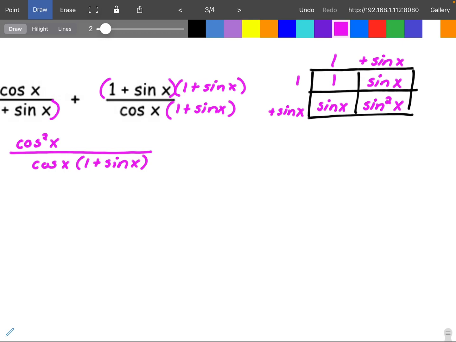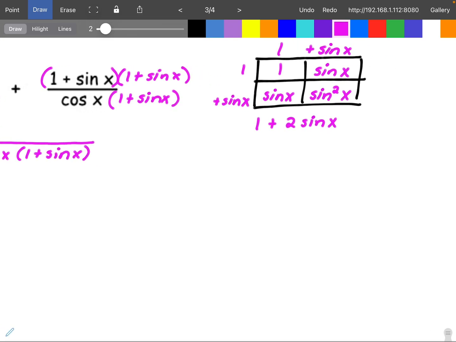When I go to combine this, those sine x's don't cancel, they combine together. So I have 1, then I have plus 2 sine x's. So just like if these were both just plain old x's, we would add them together and get 2x. Same thing when it's sine x. I have sine x plus another sine x gives me 2 sine x. And then I have plus my sine squared x. So we use a lot of algebra in this as well.